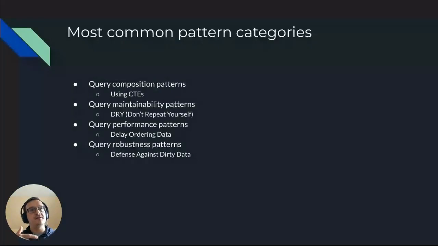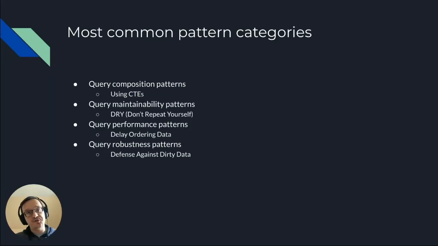The idea is that if a piece of code gets repeated multiple times, in software engineering there's this term DRY, which means don't repeat yourself. So if you notice yourself repeating the same chunk of code in multiple queries or even within the same query, that's a good example for applying one of these query maintainability patterns.